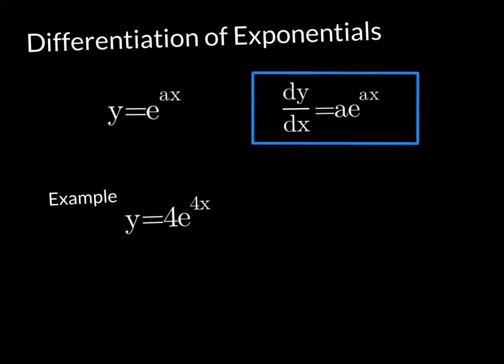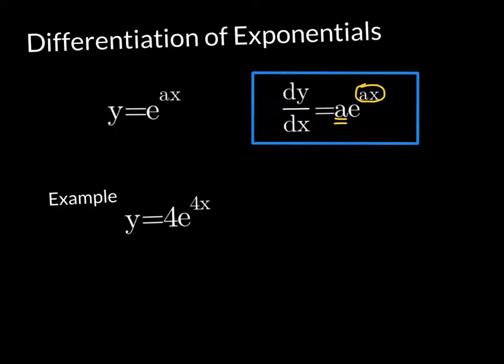So if we want to differentiate this function, what happens is that the coefficient of x, which is a, comes down in front as a multiplier, but in this case the power, ax, just stays exactly the same. It does not change. Okay, so I just want to point out that exponentials are the only place where the power doesn't change.